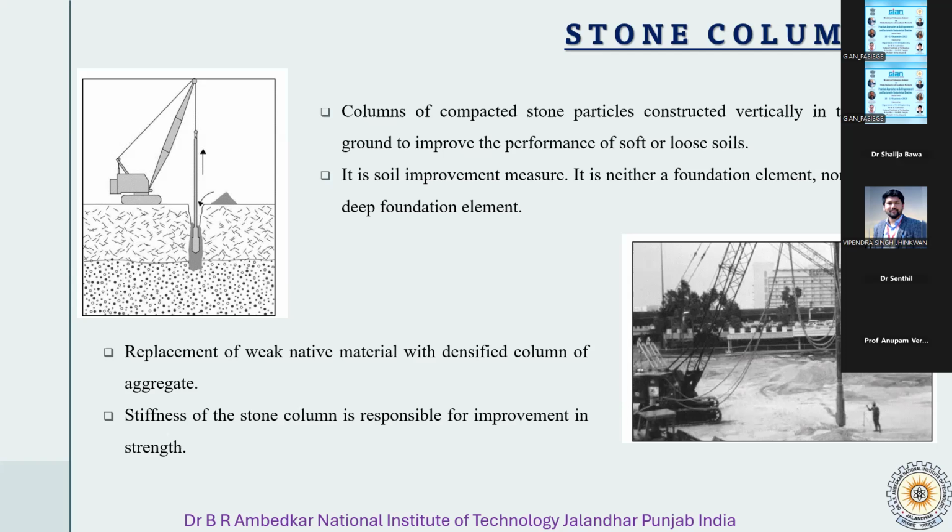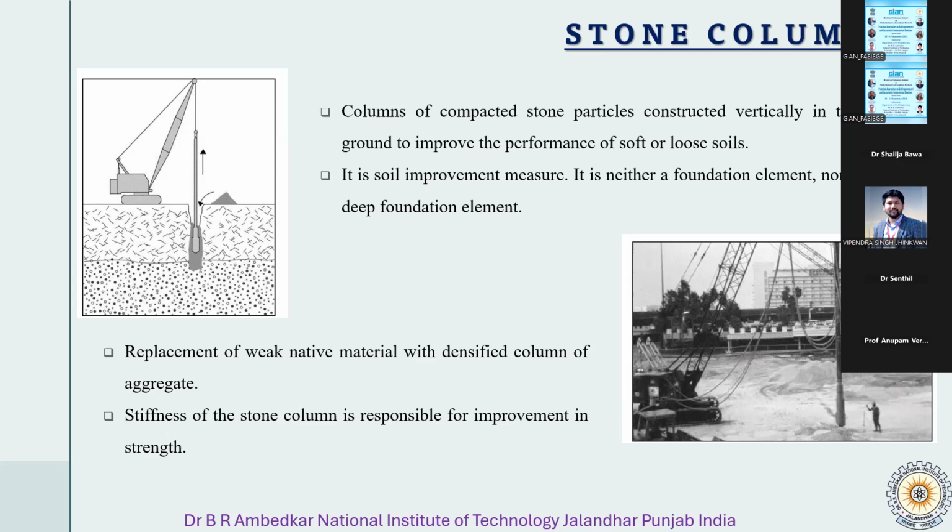They strengthen the ground and do not act as a foundation itself. So this is the difference between piles and stone columns. Stone columns are not shallow foundations, and they are not deep foundations. It's purely a soil improvement technique.